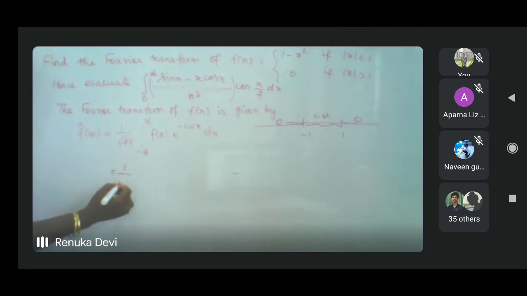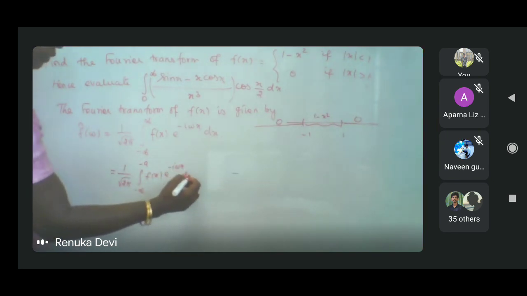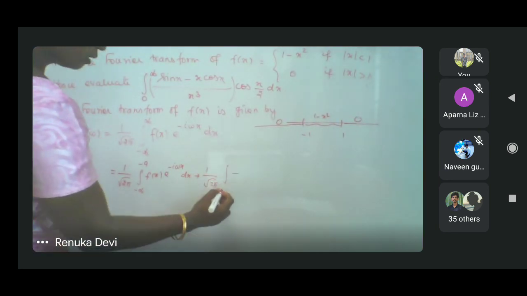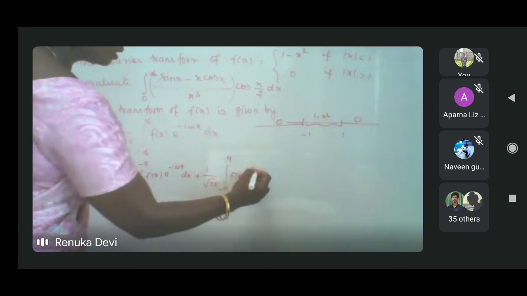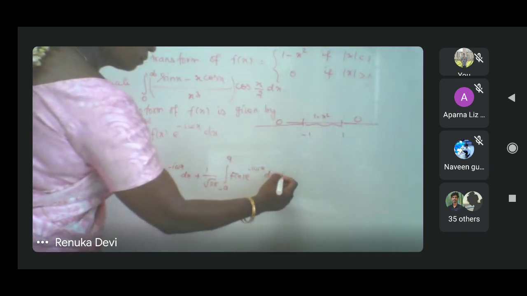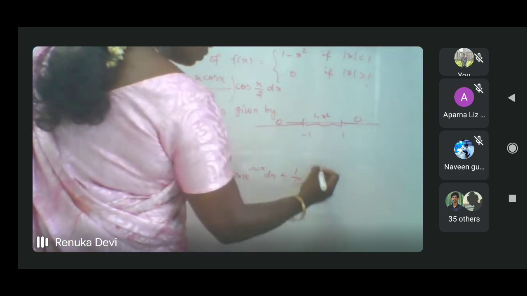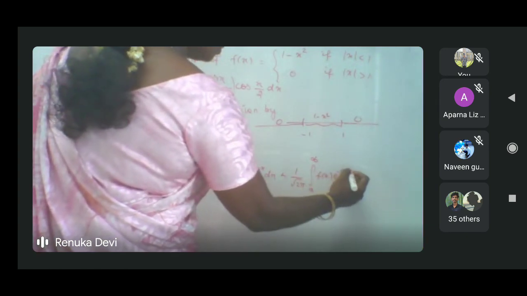Therefore here also it is divided into 3, that is minus infinity to minus a, plus minus a to plus a f of x e power minus i w x dx, plus 1 by root 2 pi a to infinity f of x e power minus i w x dx.